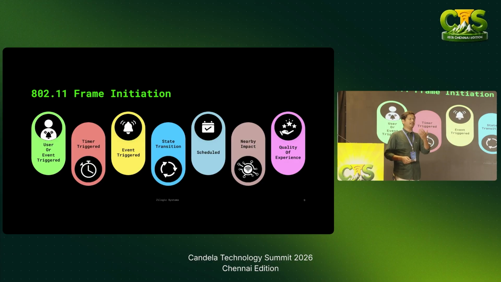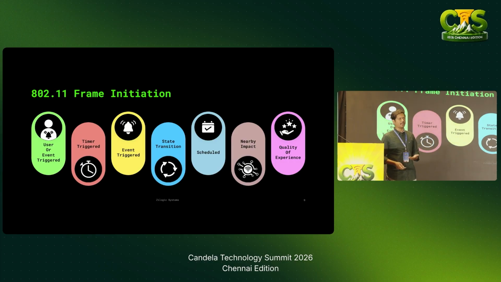If it's an event, for example, an AP sends an association response, it is based on an event received by the station that it is trying to associate with it. There are also timer-based triggers, which is a typical beacon frame, which always fires at 100 milliseconds. That is the timer trigger. There is something in the scheduled category. There is something on the nearby impact.